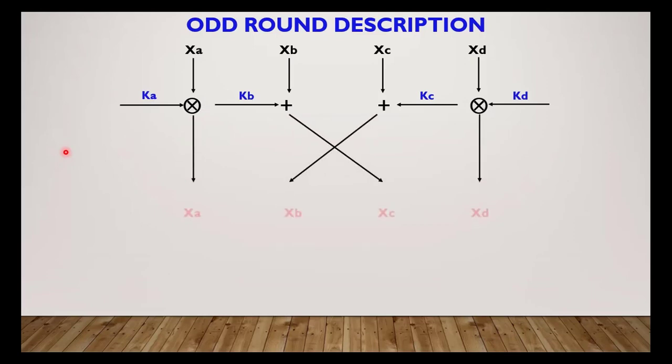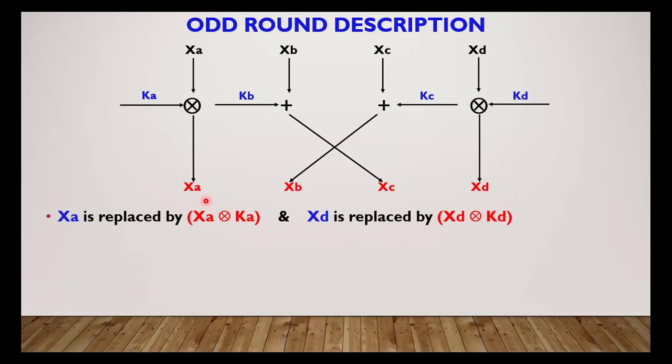Okay, and the resultant is again known as XA, XB, XC, and XD. As these are not similar to the previous XA, XB, XC, and XD, that's why I am showing these in the red color. But here you see XA is replaced by the multiplication of XA with KA, and XD is replaced by the multiplication of XD with KD.